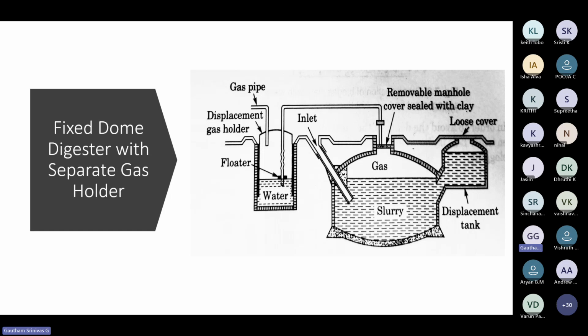This is a movable drum, and you can store gas here. So you have two kinds of storage: the fixed storage, where the pressure is high. If the pressure increases too much, you can move some of the gas to this holder, and this drum moves up as the pressure increases.